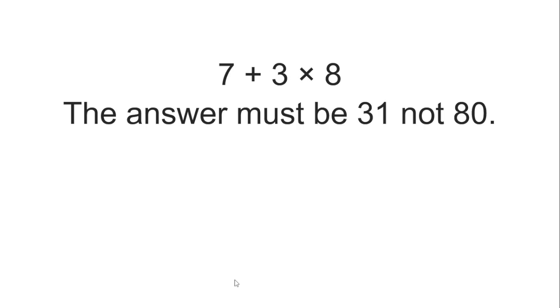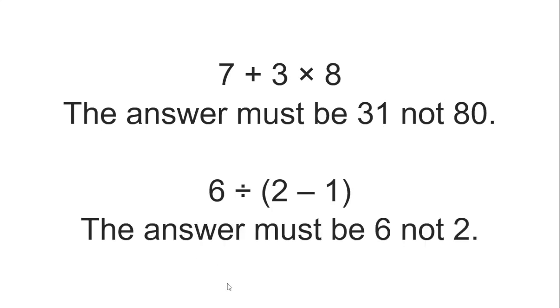Like another example here: 6 divided by 2 minus 1, with a bracket. If we work on that left to right, 6 divided by 2 will give you 3. But remember that we have a bracket here, so we must prioritize the bracket first, right? So the answer must be 6, not 2.